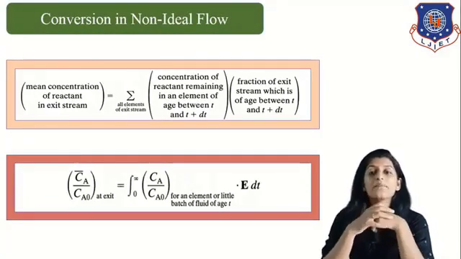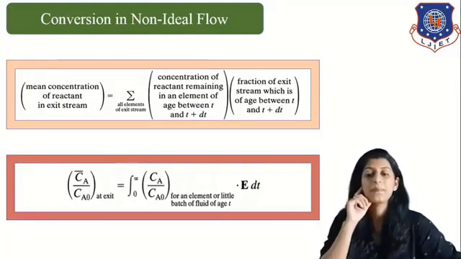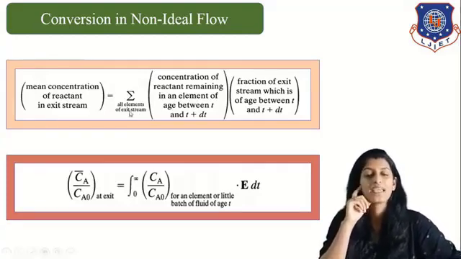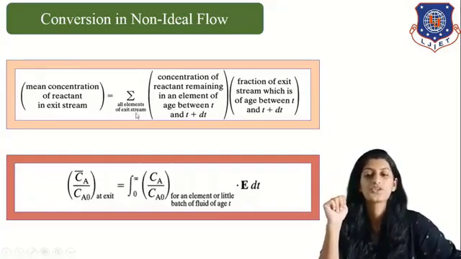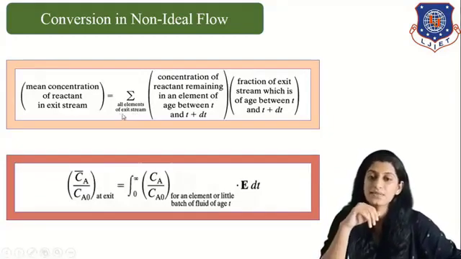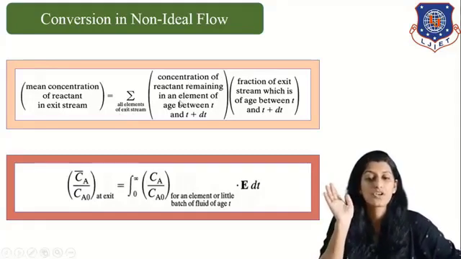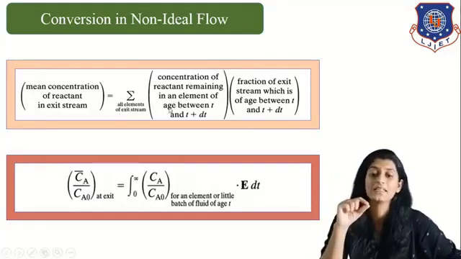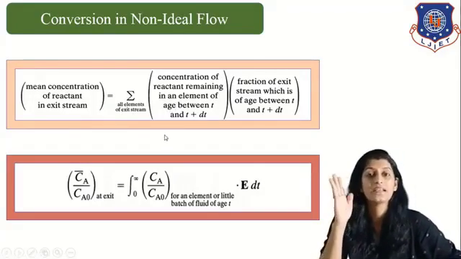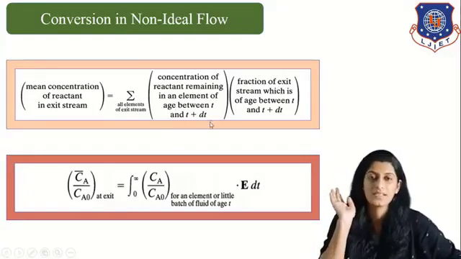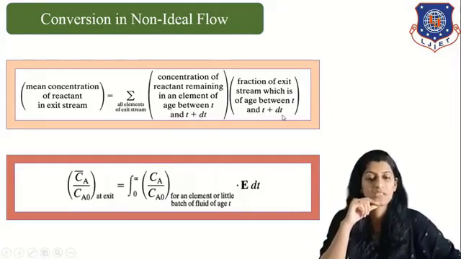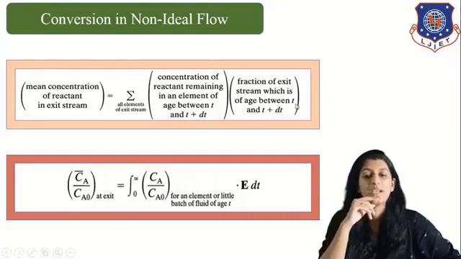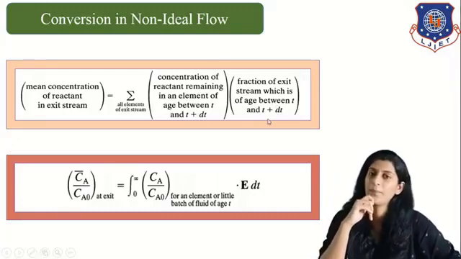Now, coming to the next: how to determine the mean concentration of reactant in the exit stream. To determine it, we can simply use this formula. We can do the summation over all the elements of the exit stream, taking the concentration of reactant remaining in the element with age between t and t plus dt, and multiplying it by the fraction of the stream having age between t and t plus dt. Correct?